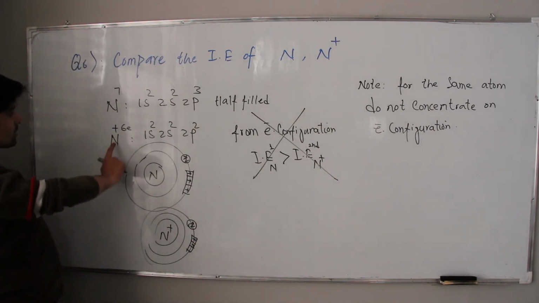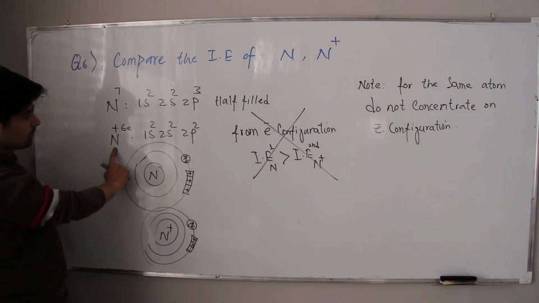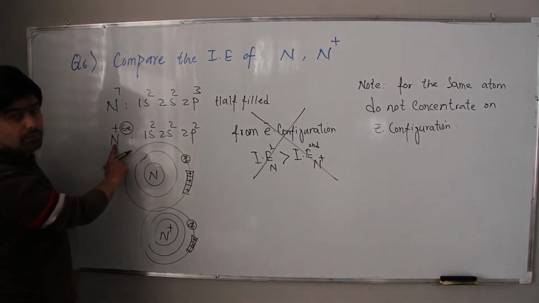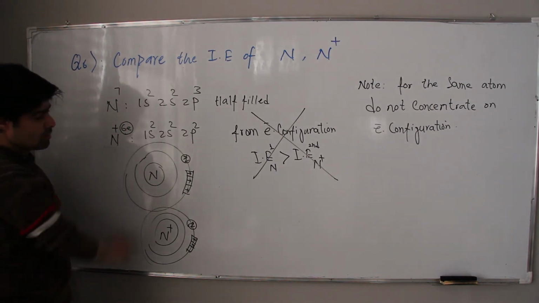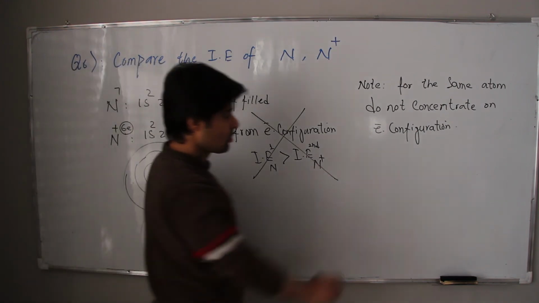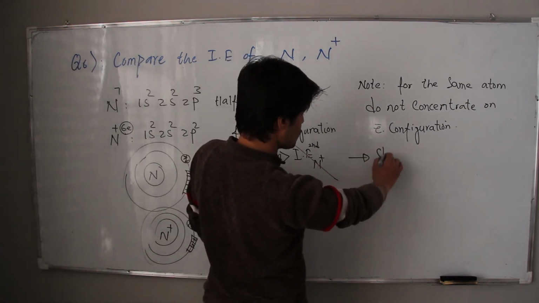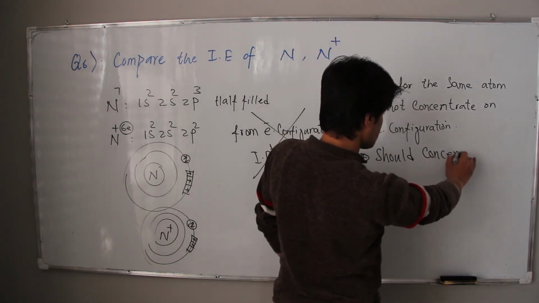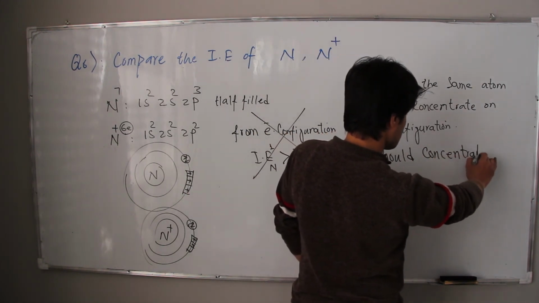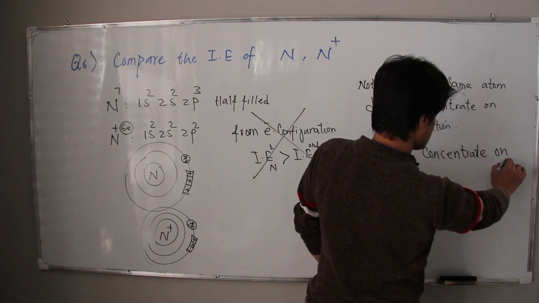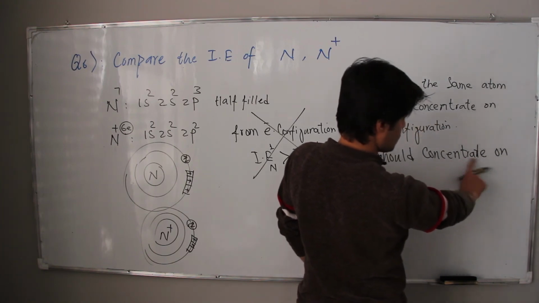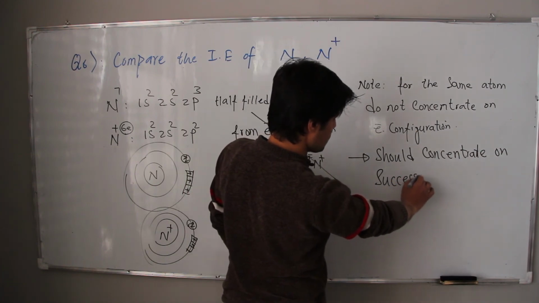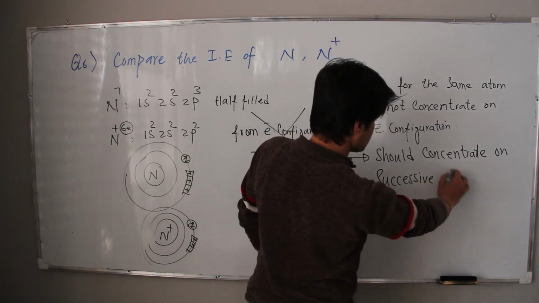This is also nitrogen, this is also nitrogen. It means we should concentrate on successive ionization enthalpy.